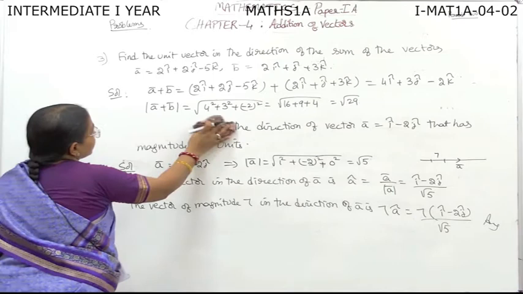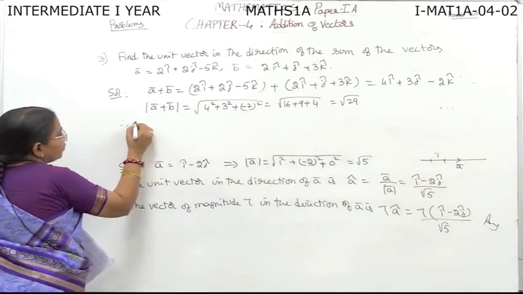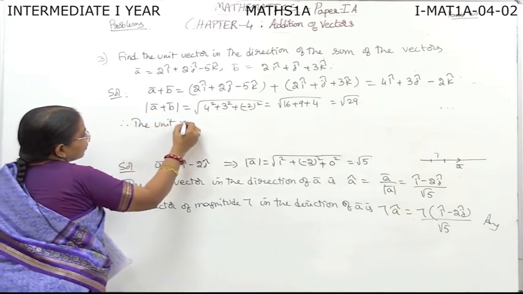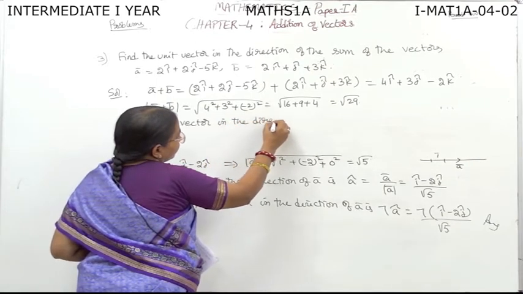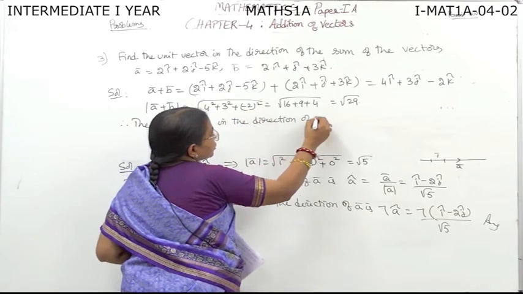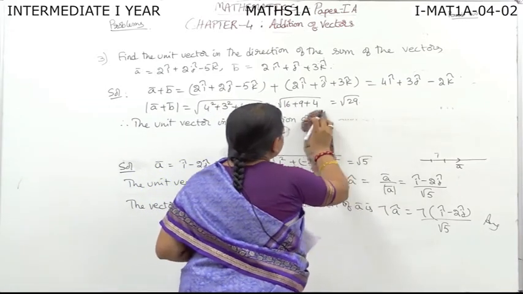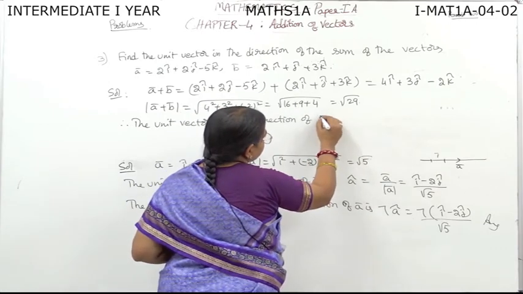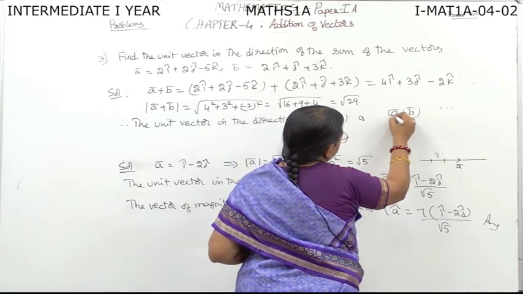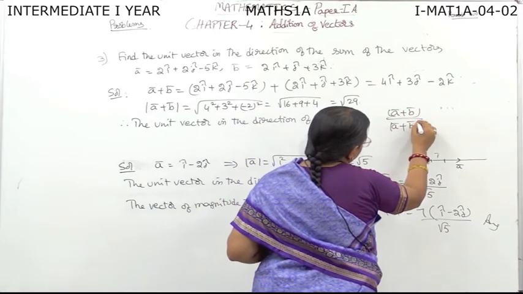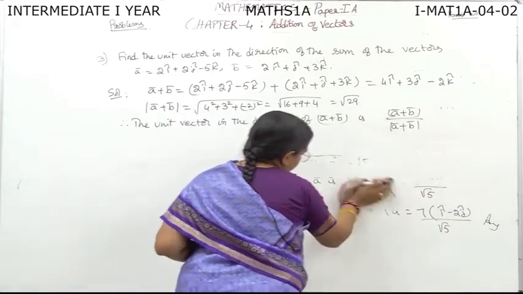Now you will write the answer. So the unit vector in the direction of the sum of the vectors, or you will write in the direction of A plus B, is A plus B by mod A plus B. So what is it?